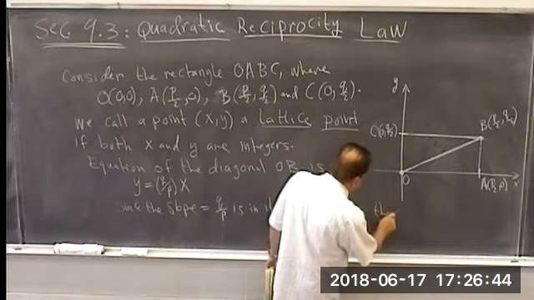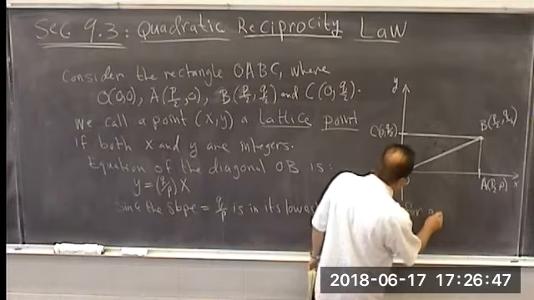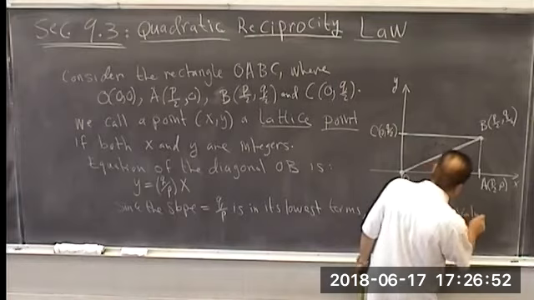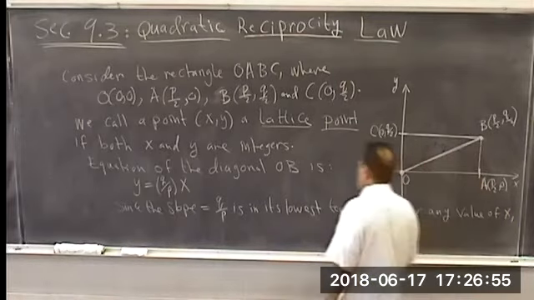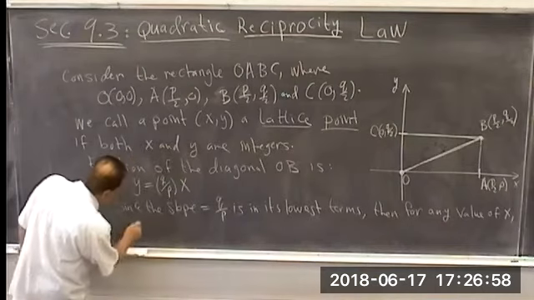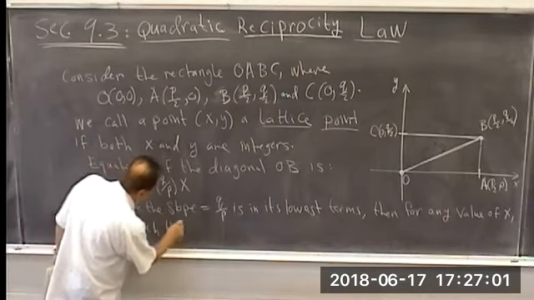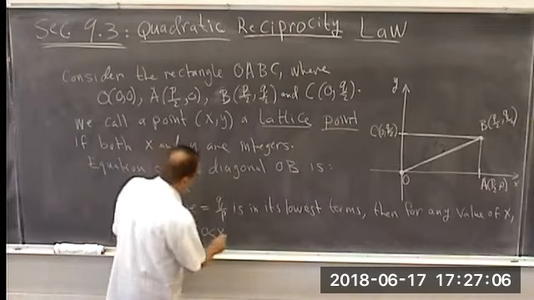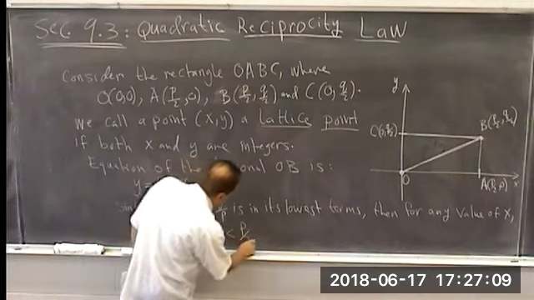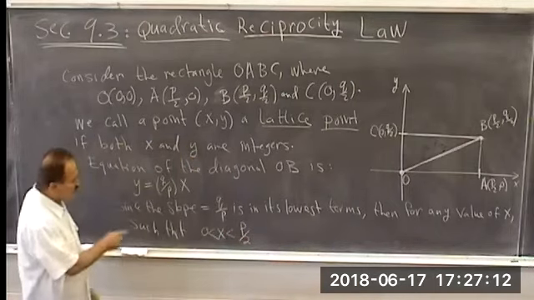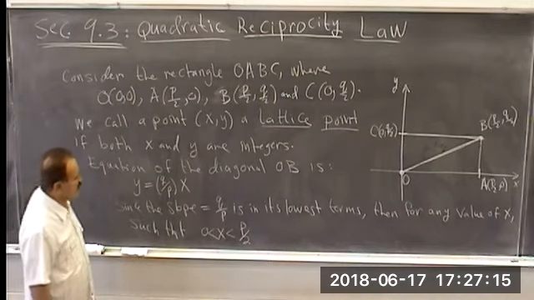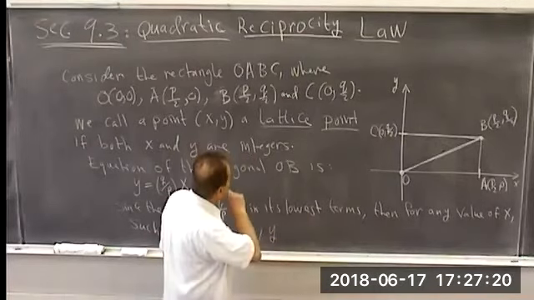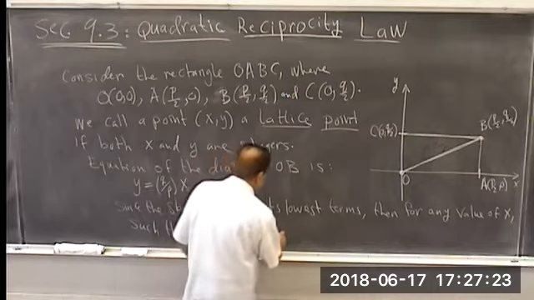then for any value of x such that x ranges through that rectangle from 0 to p over 2, we don't want to include 0, of course, we just want to look at what's in between, y is not going to be an integer.